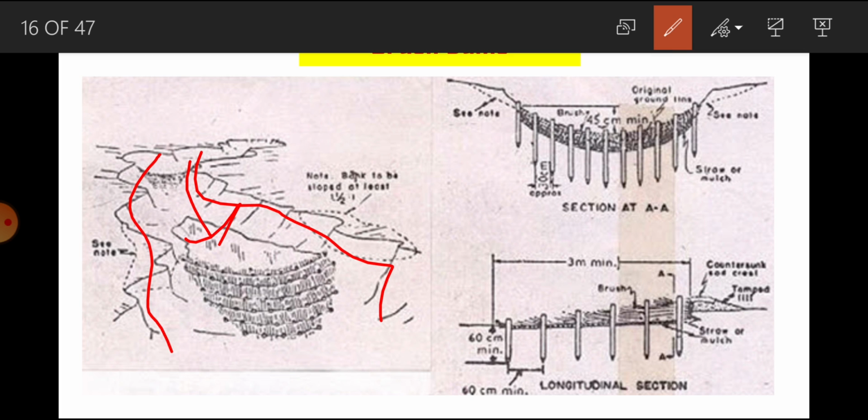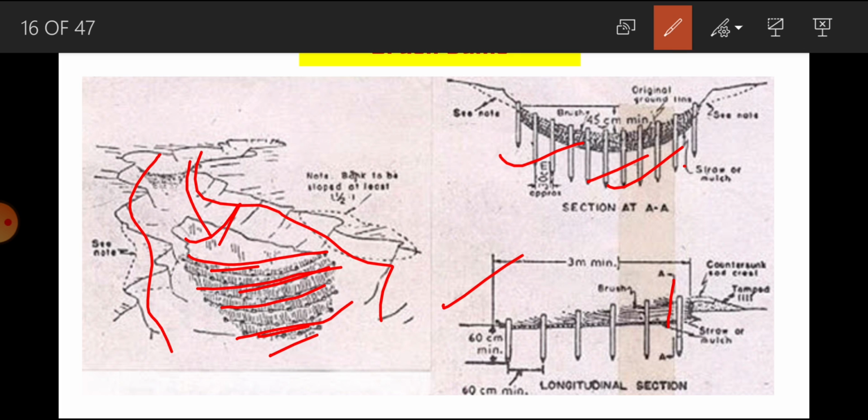Now you have to place some straw or local material mulches like this across the gully slope. And once you place such straw, to fix it at this particular point, you have to use some pegs or some boulders. And now this is the side view, you can see these pegs.